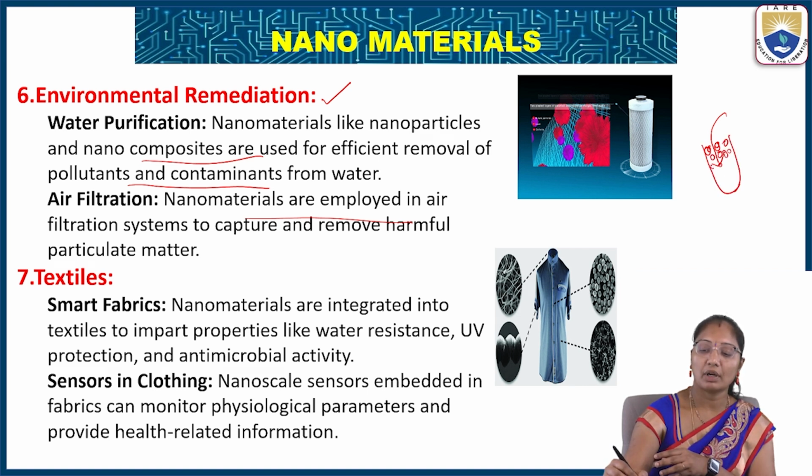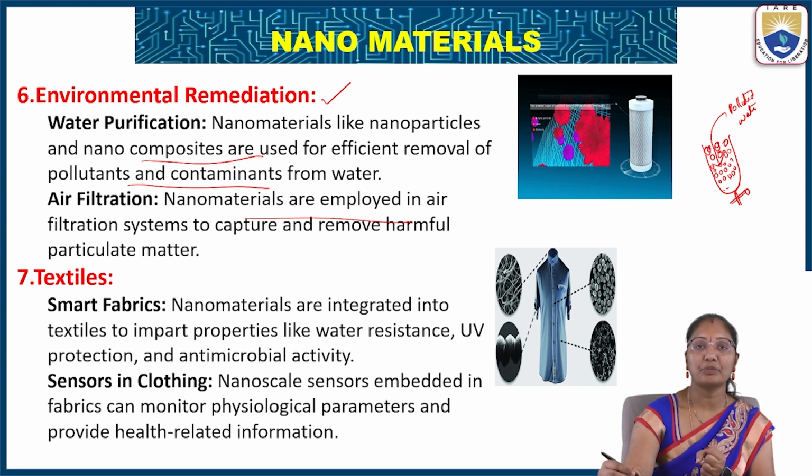So they have alumina balls with coatings of nanomaterials. The nanoparticles present on the alumina surface grasp or absorb the contaminants present in the water, and we will get pure water. So it is also useful in water filtration systems.